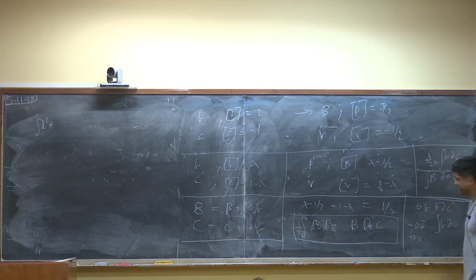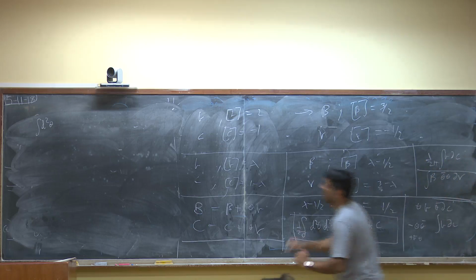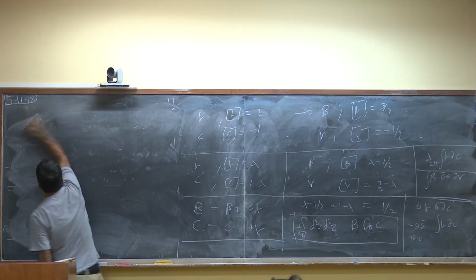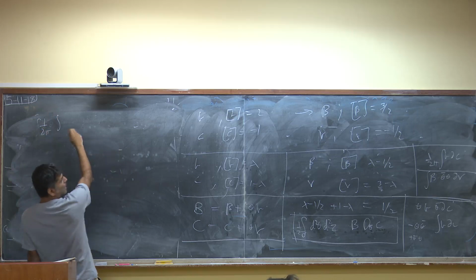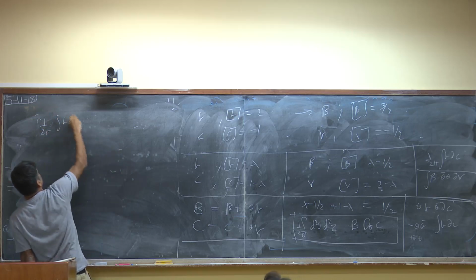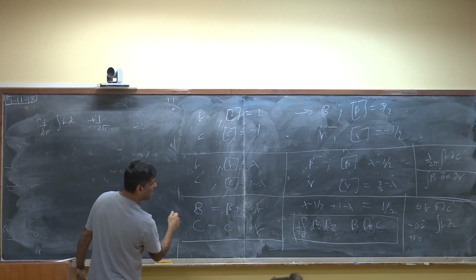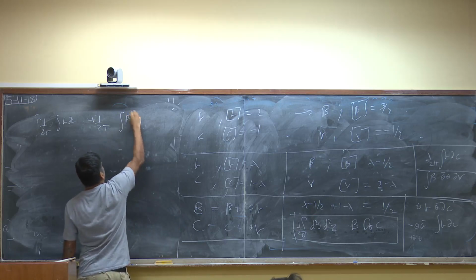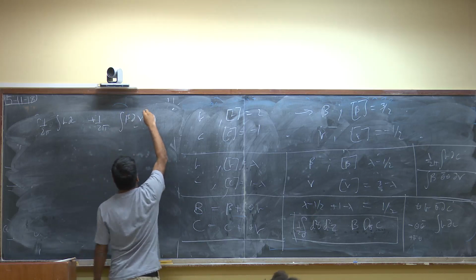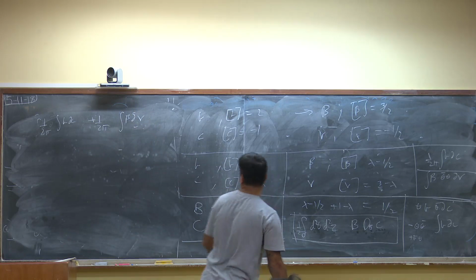With the same convention, setting theta bar theta to 1, what we're getting is 1 by 2 pi integral b del c plus 1 by 2 pi integral beta del gamma.